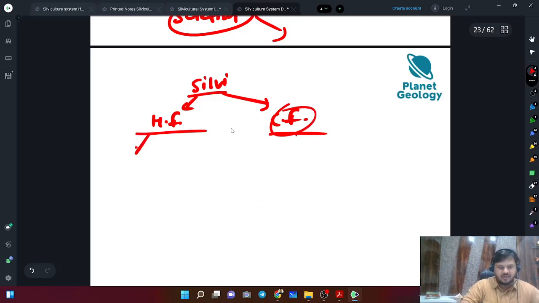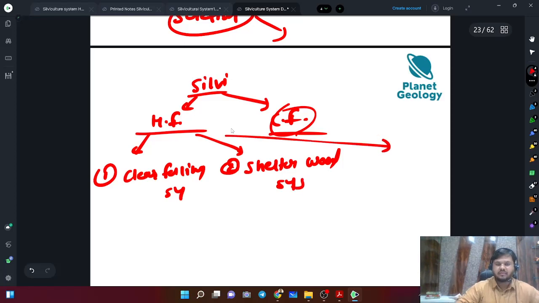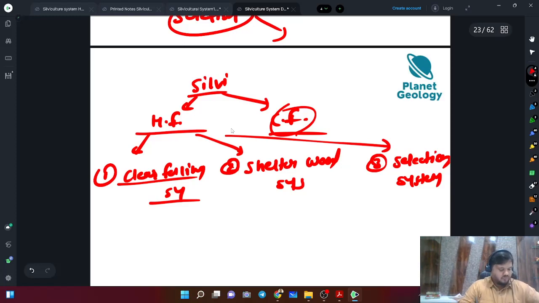अभी सिर्फ high forest में first is clear felling system, second is shelter wood system, third is selection system, right? So here there are a few modifications. The first is clear felling system, right?